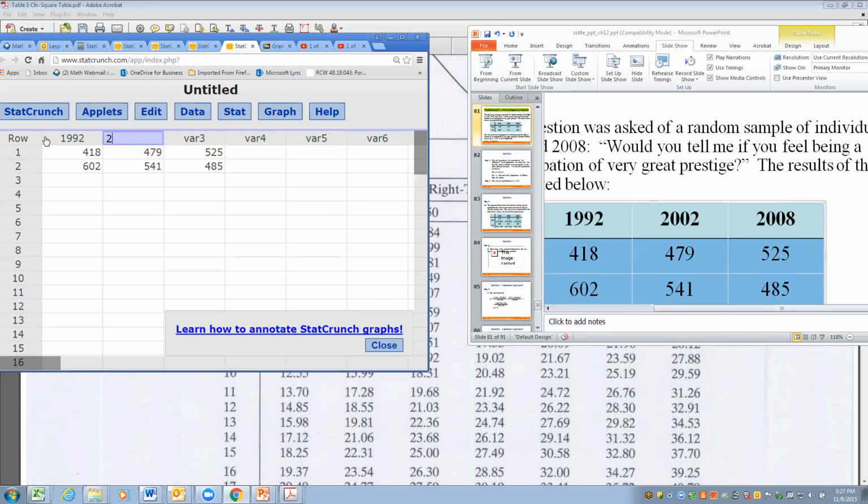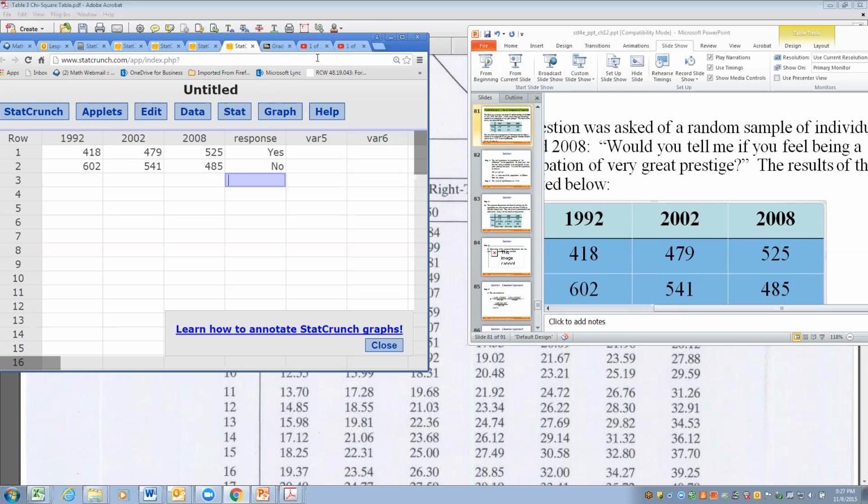This would be 2002. This would be 2008. And I should have, I guess, my other category here of response is yes and no. Should probably have put that on the other side, but in working with it, it won't make any difference.